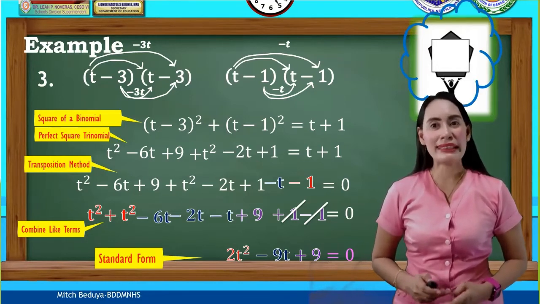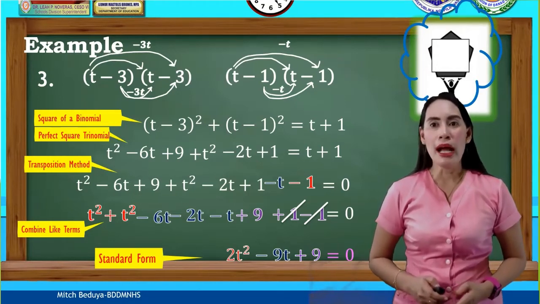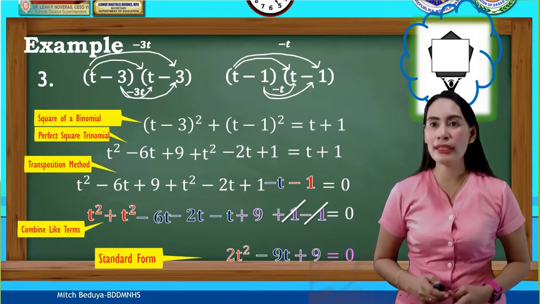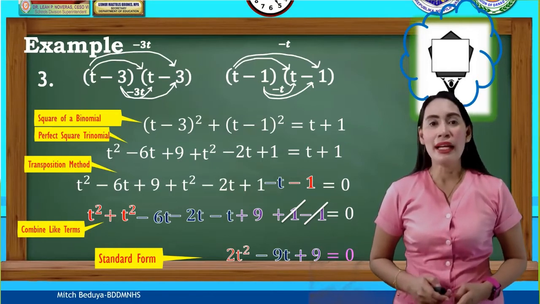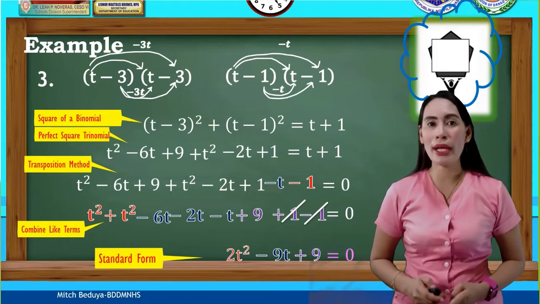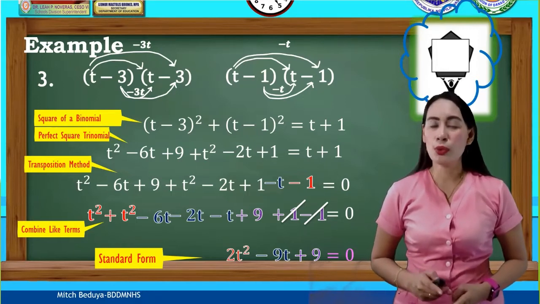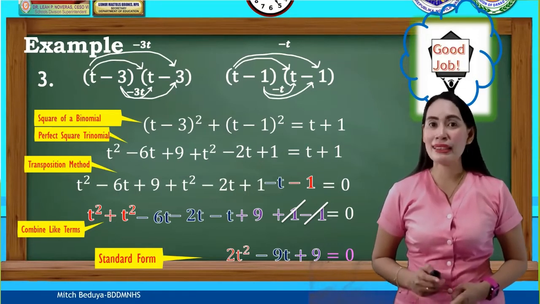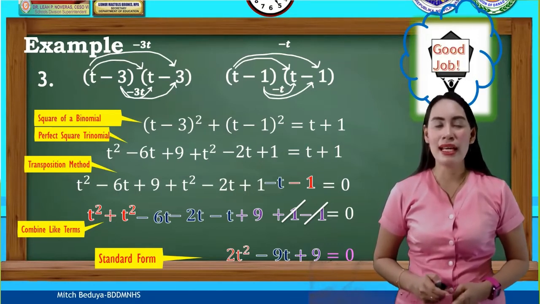Hence, the standard form of the quantity of t minus 3 squared plus the quantity of t minus 1 squared equals t plus 1 is 2t squared minus 9t plus 9 equals 0.